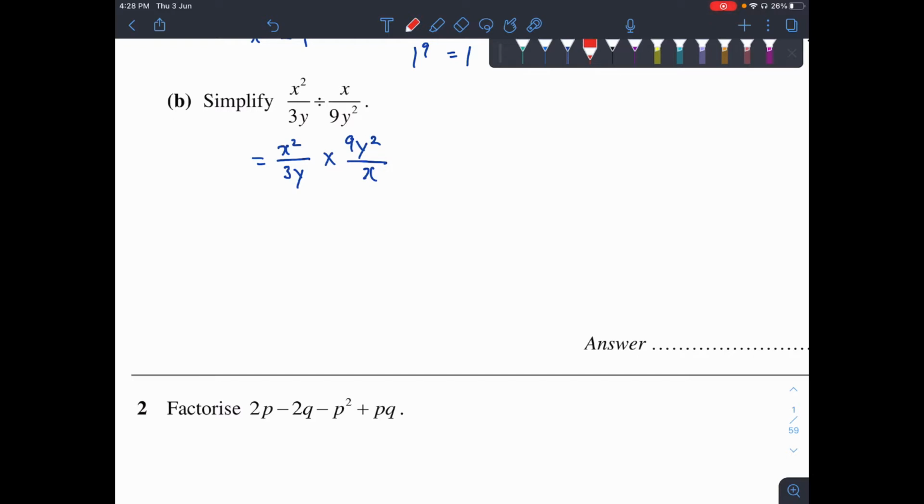So for example, you see a y here, you can cancel it out. You see an x here, you can cancel it out. So that would give you 9yx over 3. So after that, you just need to simplify it by taking 9 divided by 3, which is 3, giving 3yx. So that is your answer.